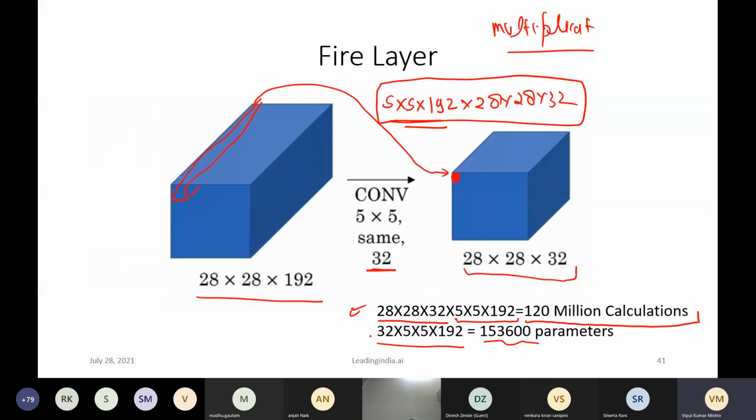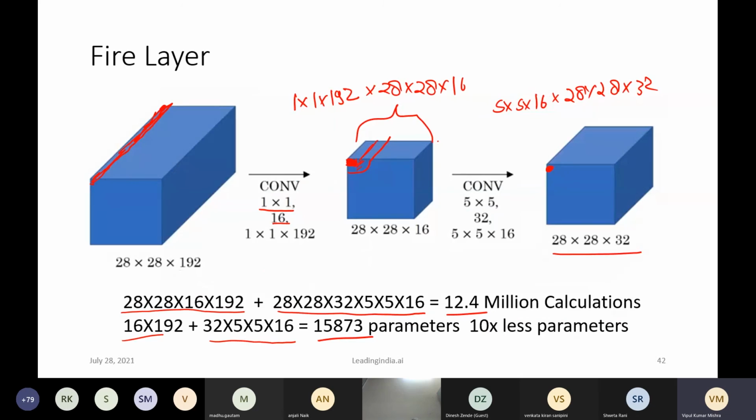Now you can check out. Without this modification, we have 120 million calculation and close to 1,53,000 parameters. In this case, you have only 12.4 million calculation, that is really smaller, 10 times smaller, and you have only 15,873 parameters. That is also reduced, and you are getting the same kind of output.